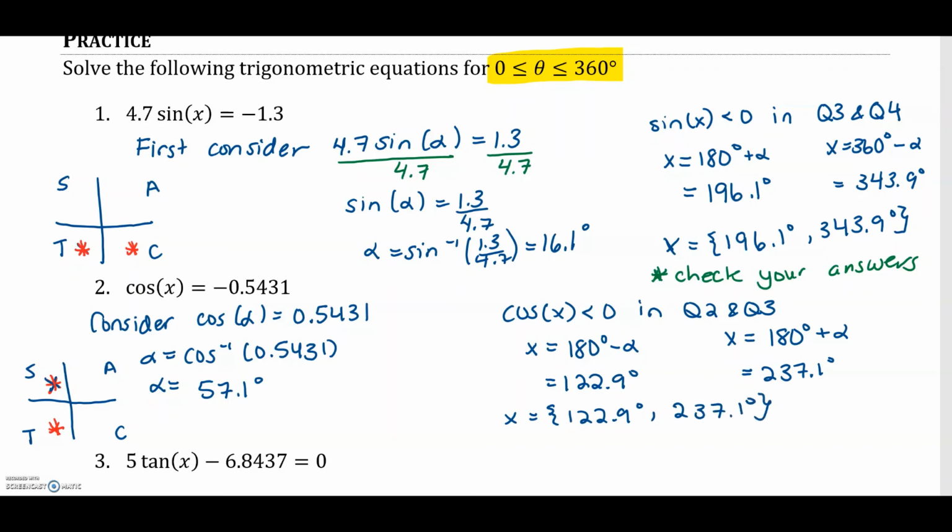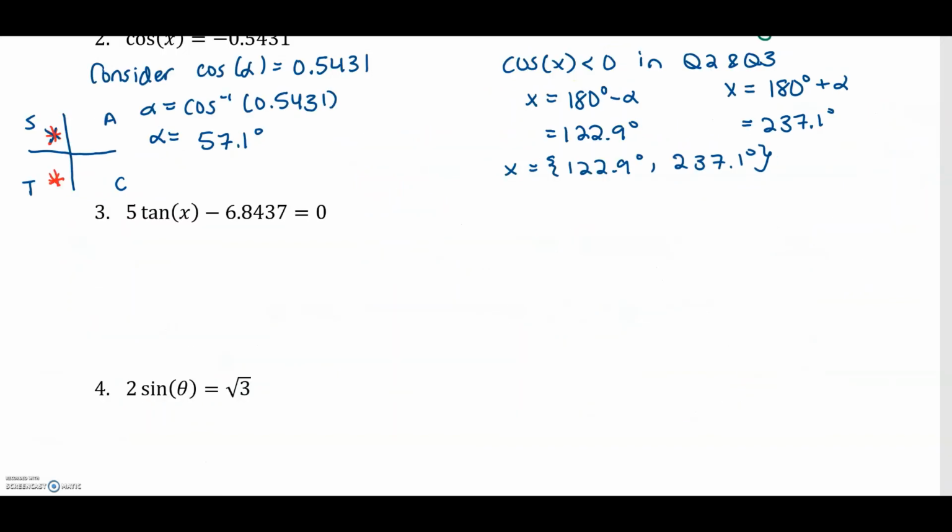In example 3, we want to find the value of x that satisfies 5 times tan of x minus 6.8437 is equal to 0. To solve this, the first thing we want to do is get tan of x by itself. Steps we need to solve for that are to first move our constant to the other side of the equation, and it becomes positive.